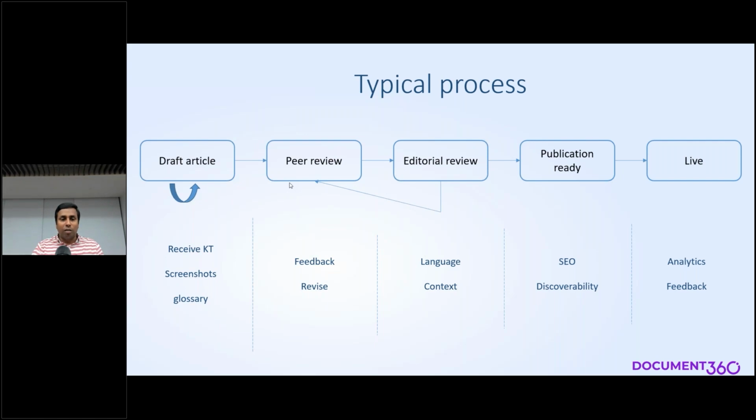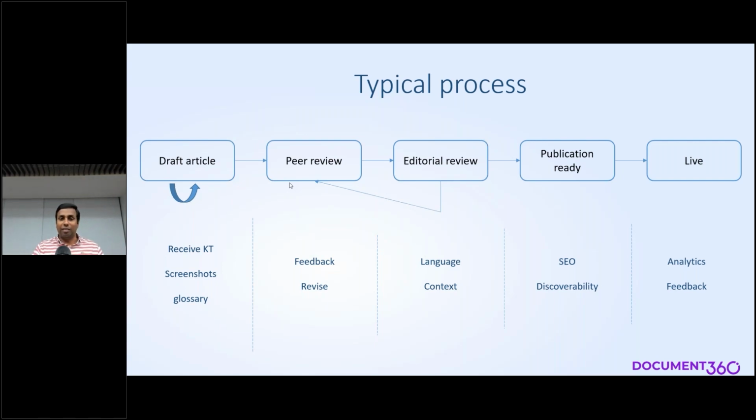So it involves taking some screenshots, ensuring they're picking up the right business glossary, and also drafting the content. And then it gets peer reviewed by some technical writer in the team, or it could be somebody else, who will obviously give a lot of feedback, and based on that, a technical writer usually revises the content before it even makes it to the next stage.